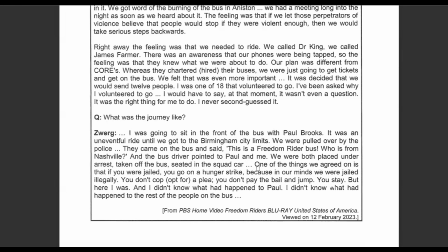One of the things we agreed upon is that if you were jailed, you go on hunger strike. Then, because in our minds we were jailed illegally, you don't cop a plea, you don't pay bail, you don't jump. So these are the two options. Let's go back to the questions.